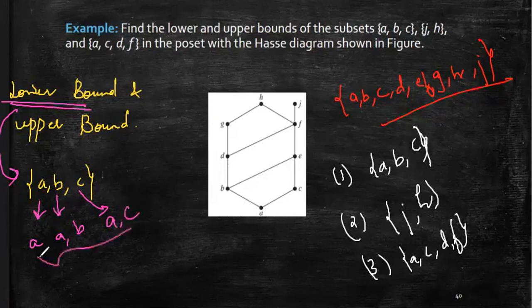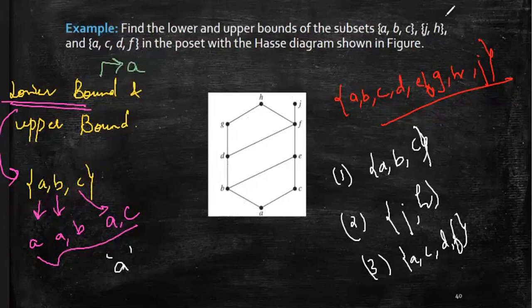Now if you notice, for all the 3 elements the common element which is less than your subset is A. So the lower bound for ABC is A.